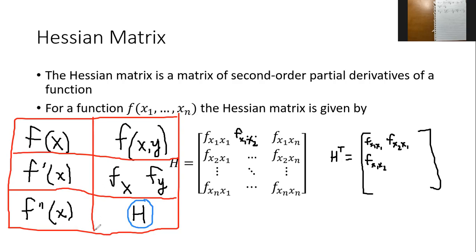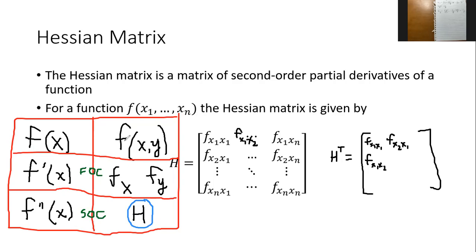And when we get to maximization and minimization problems, it will satisfy the same thing there too. This tells you about the first order conditions for maximization or minimization. This tells you about the second order conditions. So we'll learn about the Hessian and its properties.